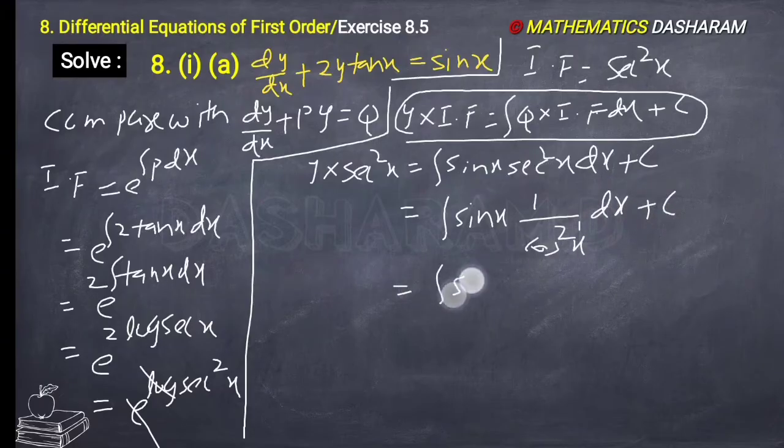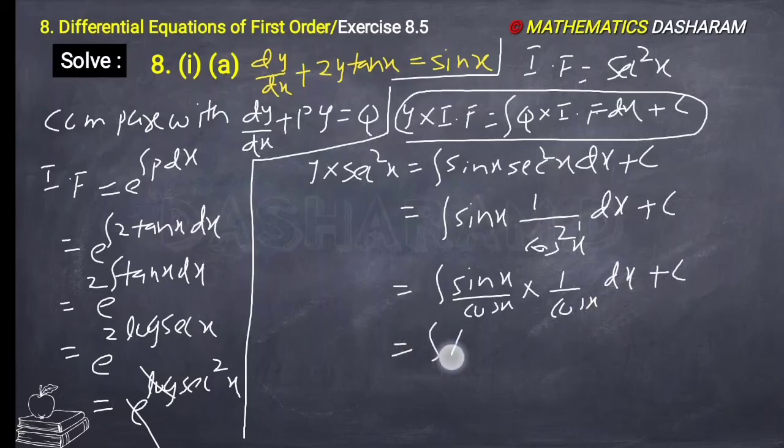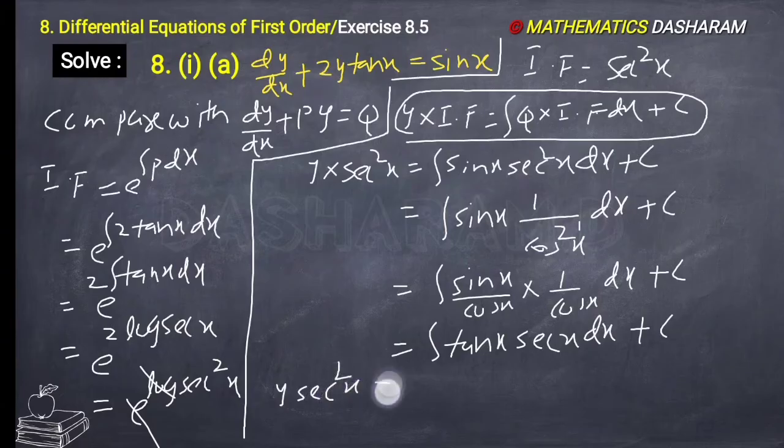It is equals to sin x by cos x into 1 by cos x dx plus c. So integration tan x into 1 by cos, that is sec x dx plus c. So then y into secant square x equals to integration of tan x sec x, which is sec x plus c. So it is our required answer.